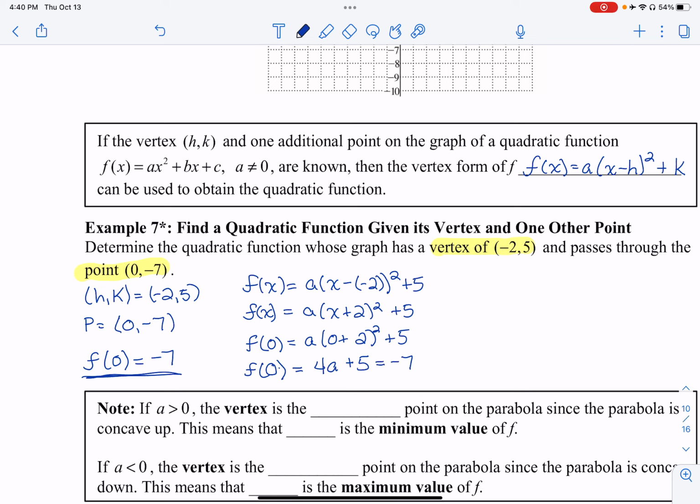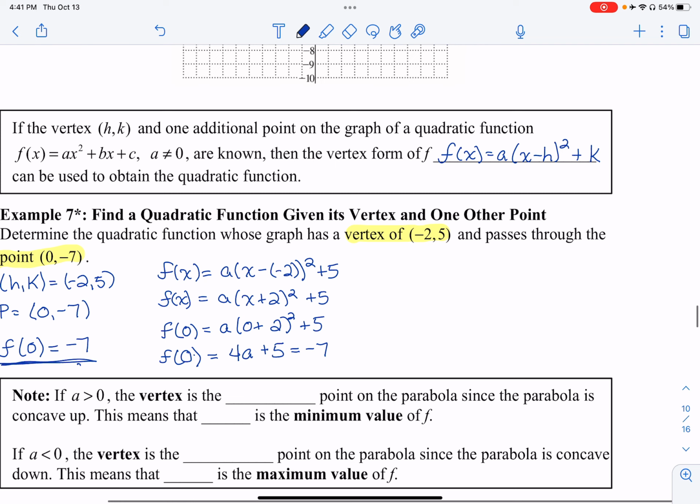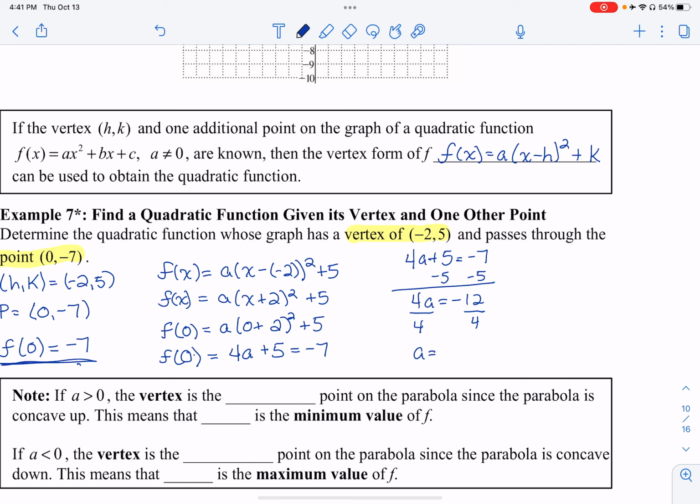Solving for a, we have 4a + 5 = −7. Subtracting 5 from both sides, 4a = −12, and dividing both sides by 4, we find that a = −3.